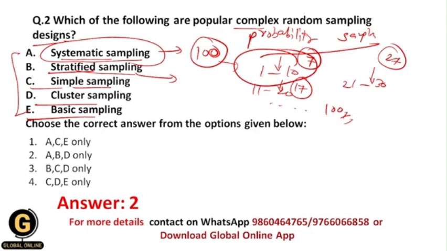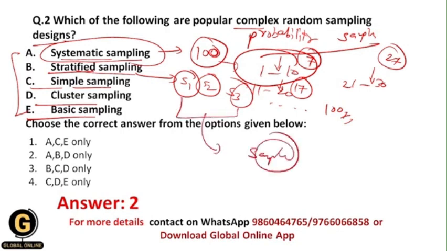So what I am going to do is I am going to divide this population into different subgroups. For example, S1 subgroup, S2, S3, like that, and I am going to select the samples randomly from each subgroup, and after that finally I will make a sample. Okay, this would be the stratified sampling technique.